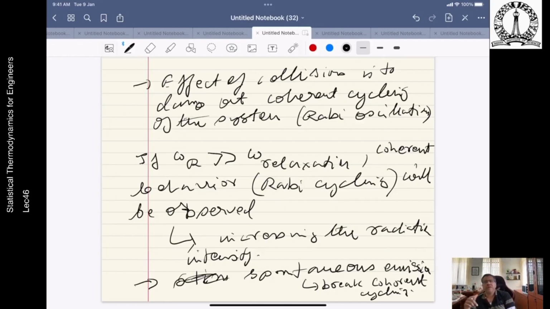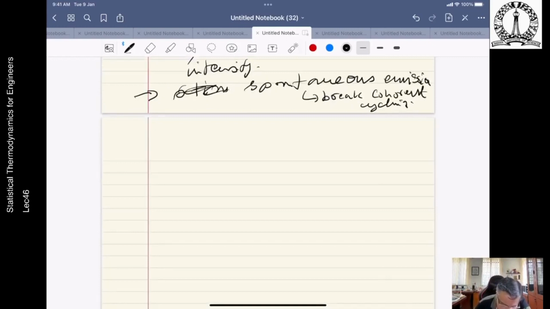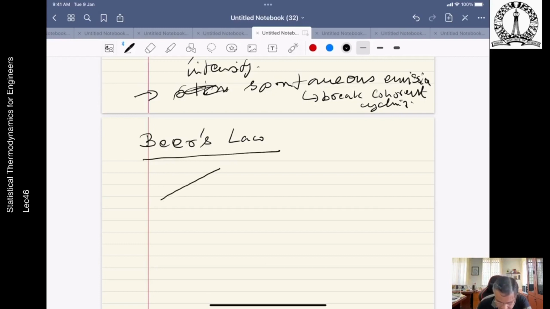That will be called Beer's law. So let's take a look at something that we are going to do next, which is Beer's law. Consider a system like this. Draw it first.